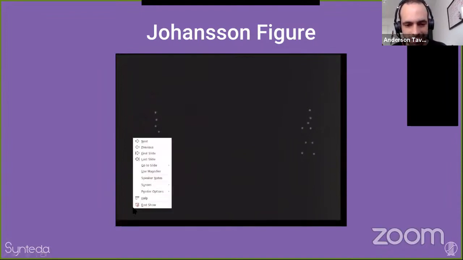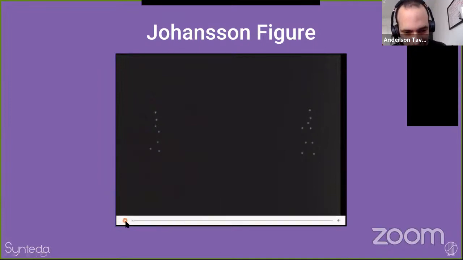Let's see if I can play this. I think I can play now. Yeah. So can you recognize the actions, like walking in this case, even though there is no color, there's no edge? So just some features here.